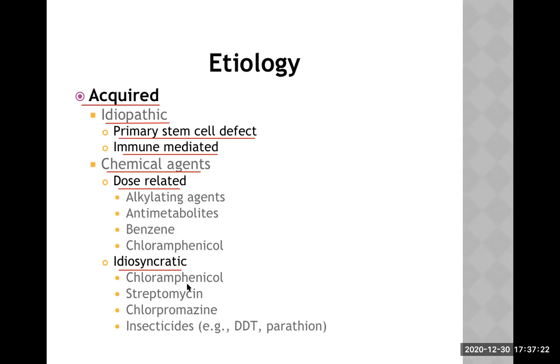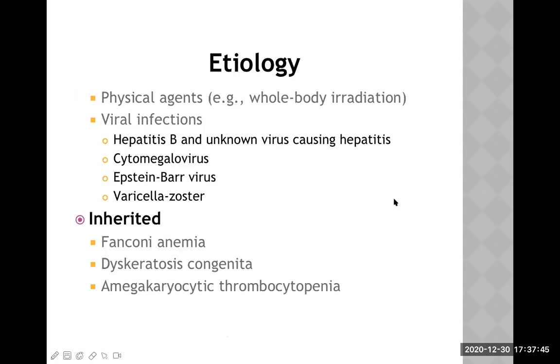Whereas idiosyncratic reaction again can be caused by chloramphenicol, streptomycin, chlorpromazine, and insecticide like DDT and parathion or malathion. That's why farmers are quite commonly affected from aplastic anemia because of prolonged exposure to insecticide. So good history has to be taken. Let's move on.